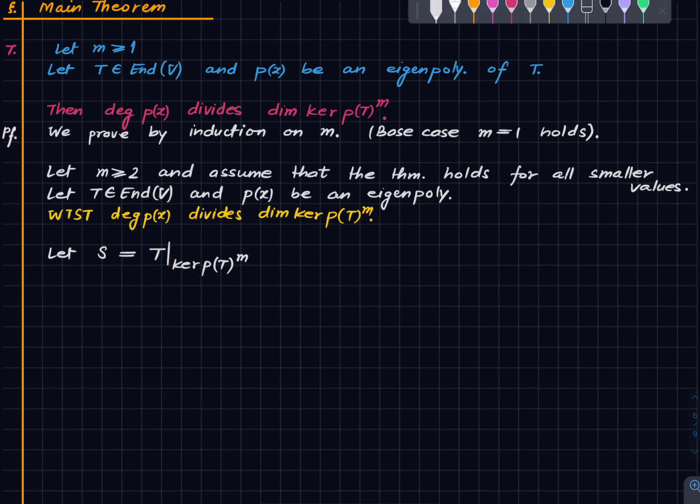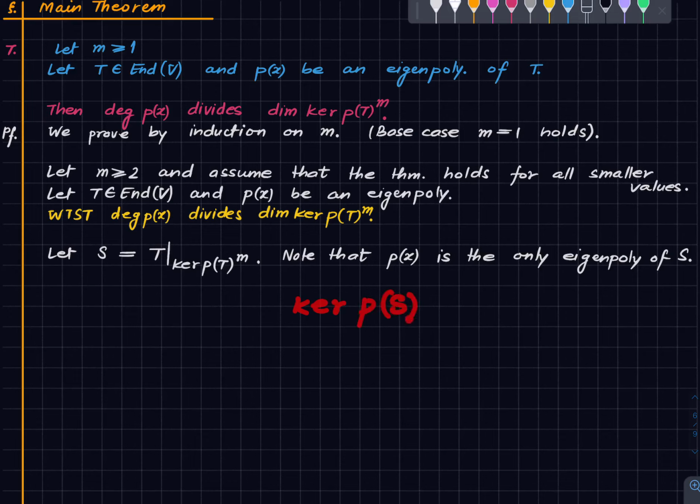I mean, this is a trivial thing that I'm going to write. Px is the only eigenpolynomial of S. Right? Why is that? Because if you just think about it, kernel of Ps to the m is nothing but kernel of Pt to the m.